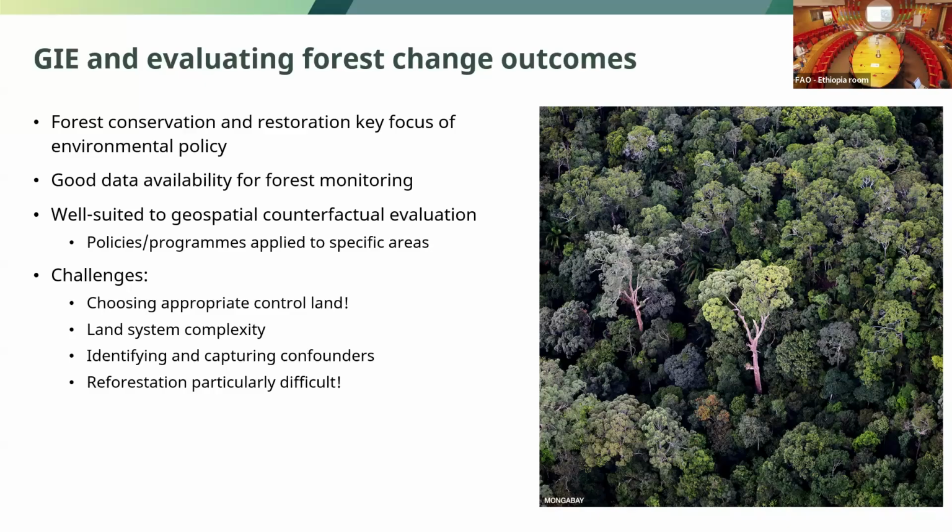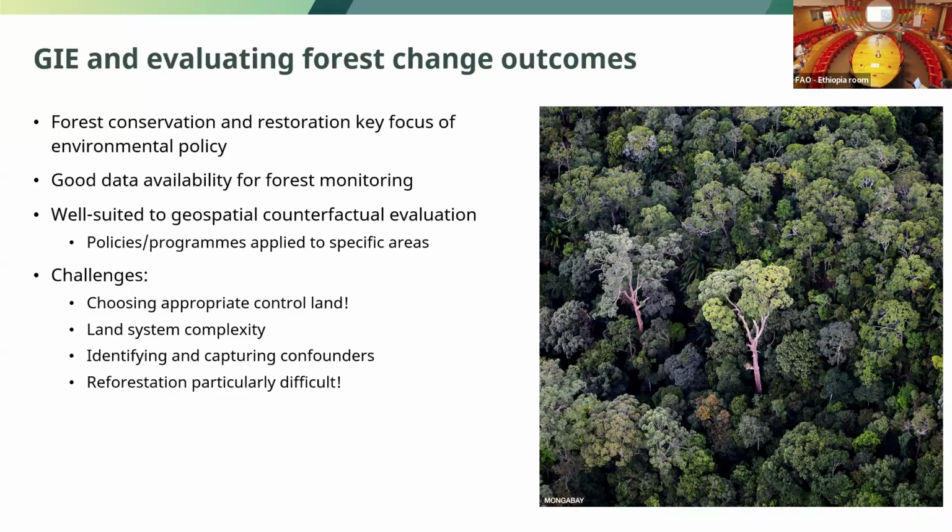It's not like implementing an economic policy in some districts while other districts don't get it, where you can use the other districts as your control, and that's nice and clear. With these sorts of programs, it's not like that. You don't get non-protected polygons.